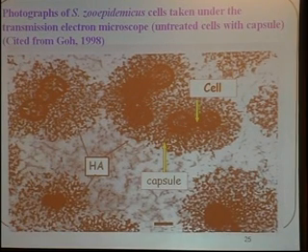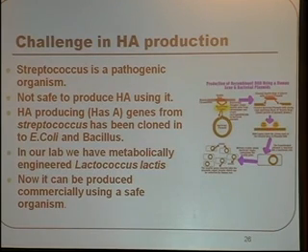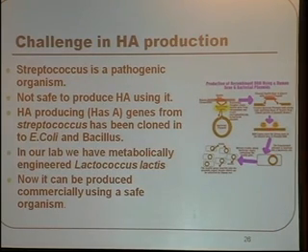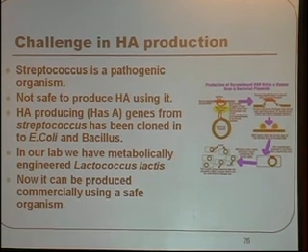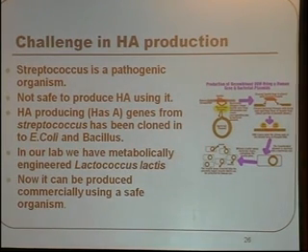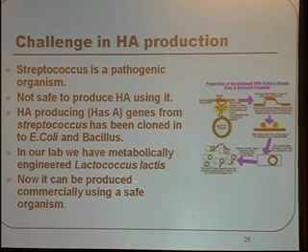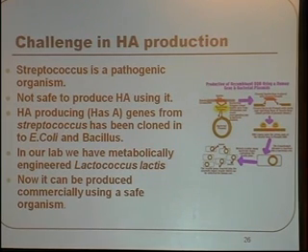But what we can do is ferment these cells in the bioreactor, and then extract this product. And as I said, Streptococcus is an organism which produces that, but they are also pathogenic, right? They can also produce endotoxins, which again we need to clean up in the final product. But what we have done is to use, for example, Lactococcus lactis. Lactococcus lactis is a GRAS organism, that means generally regarded as safe.